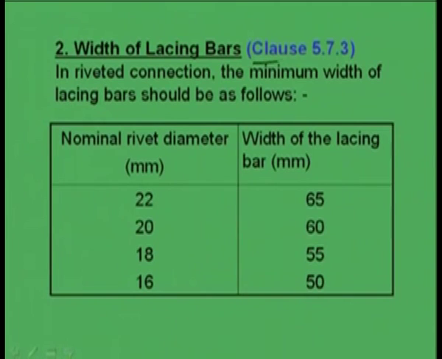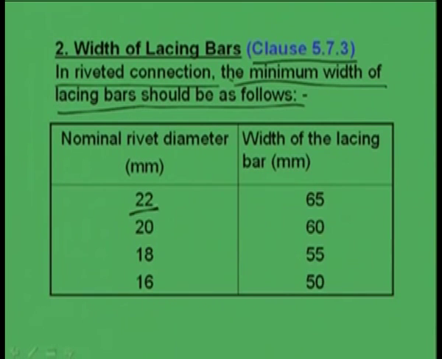In clause 5.7.3, the width of the lacing bar has been mentioned. In case of riveted connection, the minimum width of lacing bars should be as follows. If the nominal rivet diameter is 22, then the width of the lacing bar can be made 65 millimeter minimum.